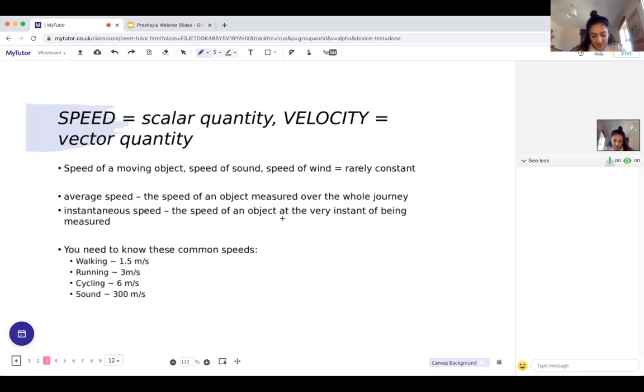Someone said, are there objects that don't accelerate at 9.8 meters per second squared? When objects are falling, they will accelerate at 9.8 meters per second squared. This is because of gravity, because of the gravitational pull of the Earth, that objects accelerate towards the Earth at this specific value.